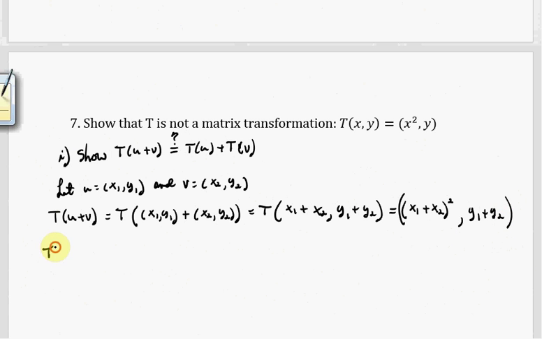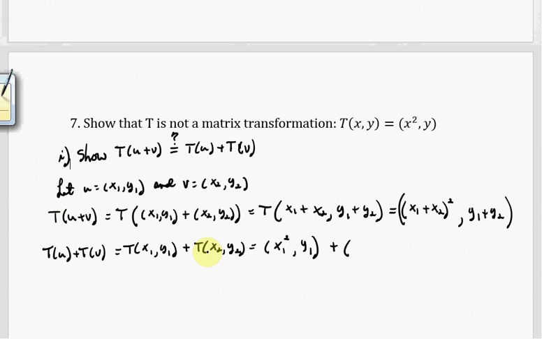Now, what about T of u plus T of v? This is T of (x sub 1, y sub 1) plus T of (x sub 2, y sub 2). Well, T of (x sub 1, y sub 1) is simply (x sub 1 squared, y sub 1), plus T of (x sub 2, y sub 2), which becomes (x sub 2 squared, y sub 2).